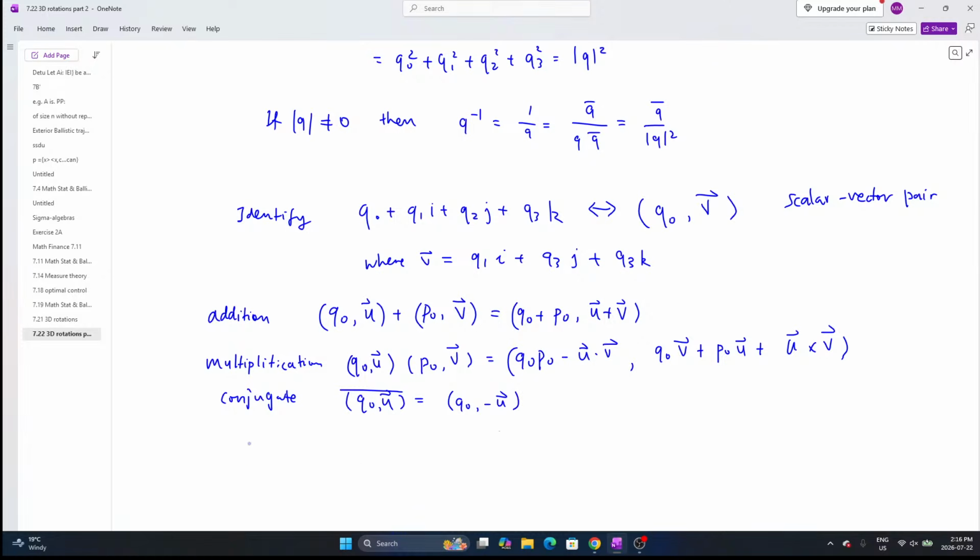And square norm. So the square norm of Q naught U is just Q naught squared plus the square norm of U squared. Square norm of U, okay? That's it. And finally, you got the reciprocal.